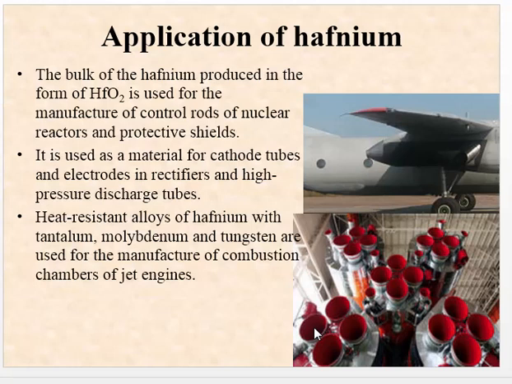It is used as a material for cathode tubes and electrodes in reactors and high pressure discharge tubes. Heat-resistant alloys of hafnium with tantalum, molybdenum, and tungsten are used for the manufacture of combustion chambers of jet engines.